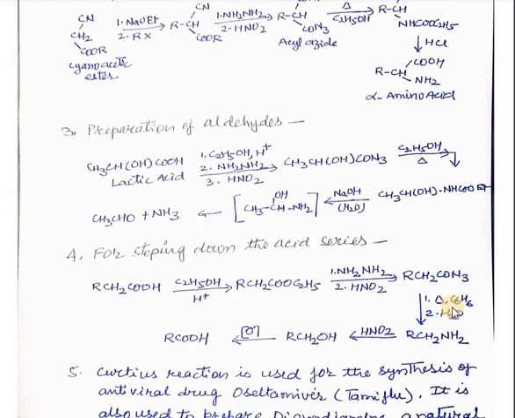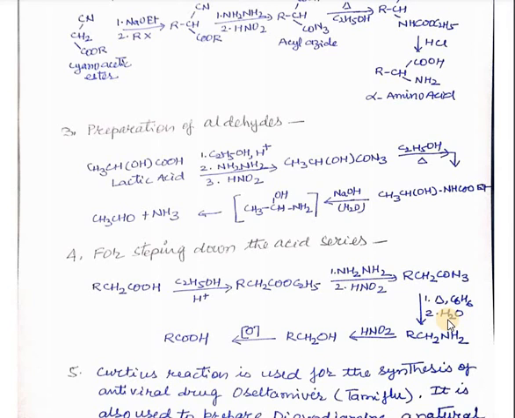This is very interesting: the reaction from this acid up to the formation of primary amine, this whole reaction is the Curtius reaction. And the step from RCH2CON3 to the primary amine is the Curtius rearrangement. So I think the difference between Curtius reaction and Curtius rearrangement is clear.